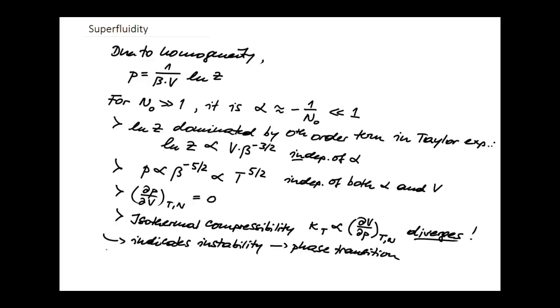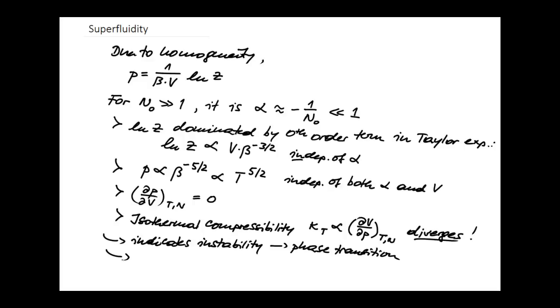In particular, a diverging compressibility means that the system is extremely sensitive to changes in pressure. This is a typical signature of the transition to superfluidity.